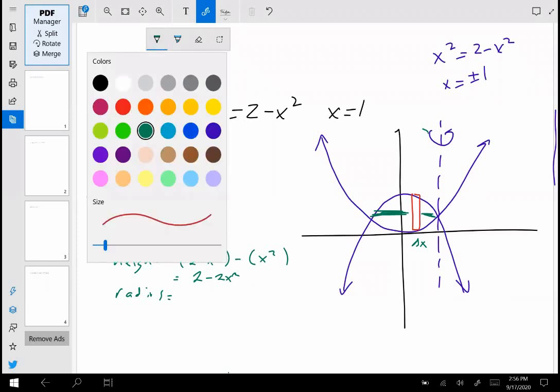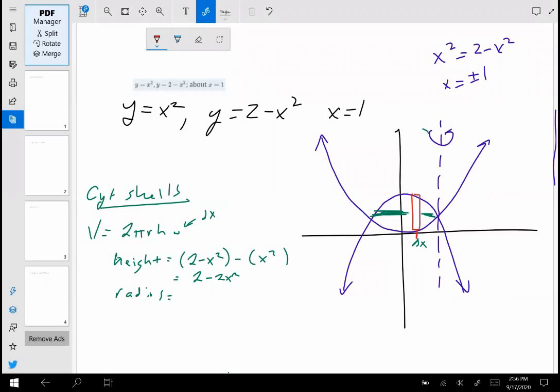That spot is x units away from the origin, but that's not our radius. The radius is the other side of that, which would be the 1 minus x on this side. So that would be the distance from here to the axis of rotation. And that's where you've got to be careful when you're thinking about the radius. It's always the axis of rotation to the rectangle.